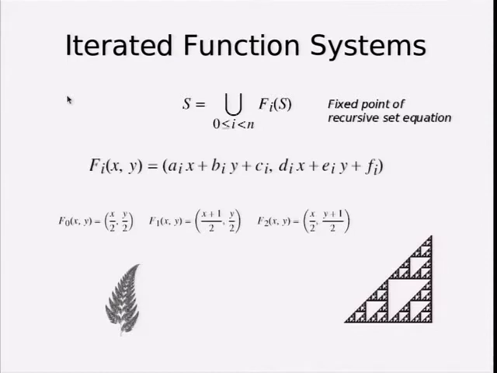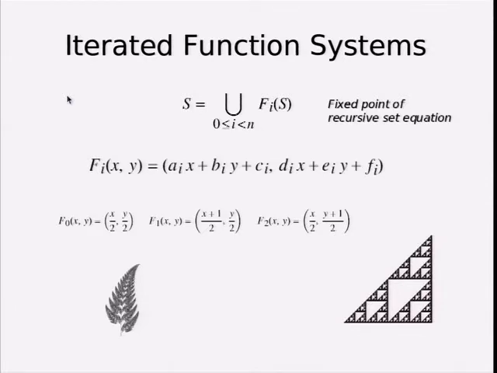If you think of the plane R2 and there's some set S, which is the image, a part of the plane, which is what you're looking at, S in this case is defined to be a solution to this recursive set equation, where these functions f sub i map the plane to the plane.